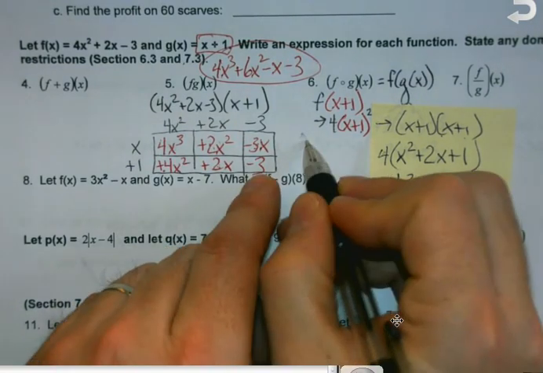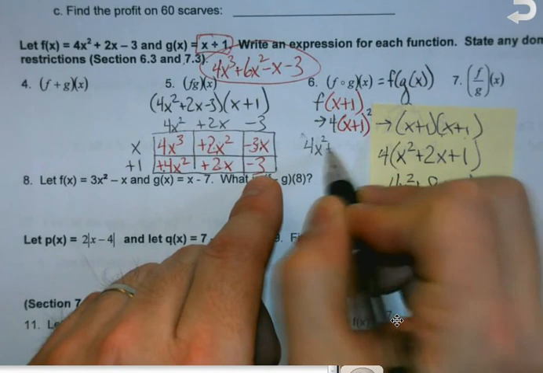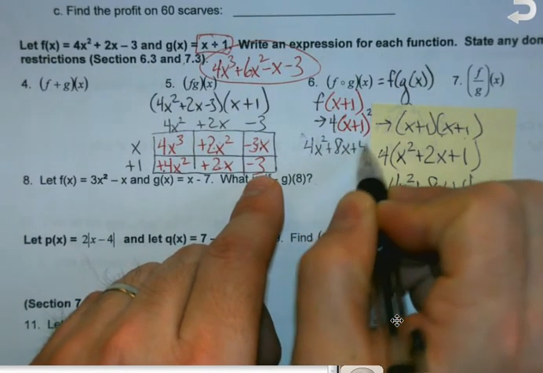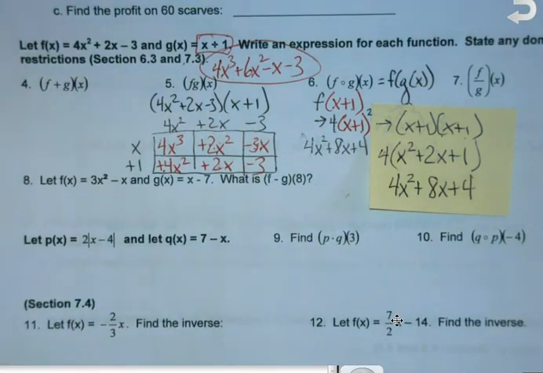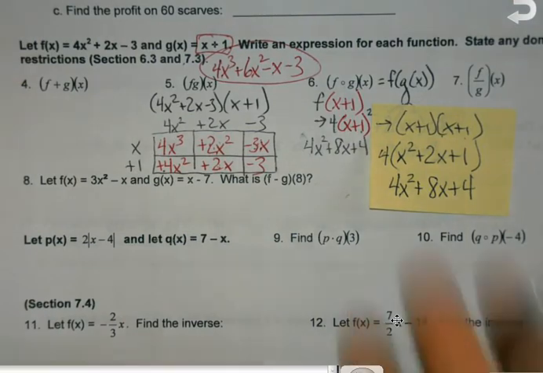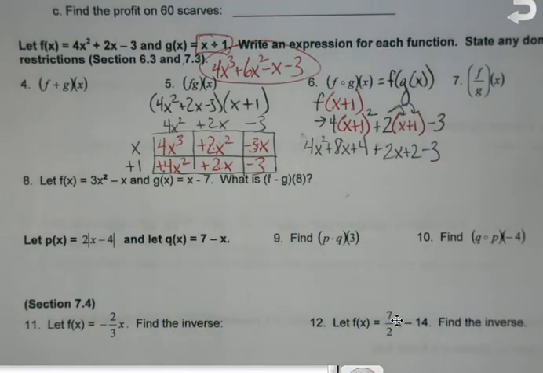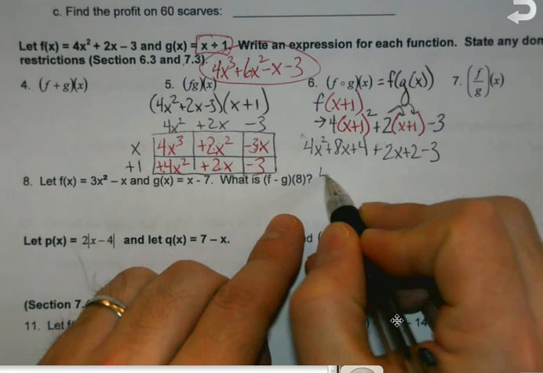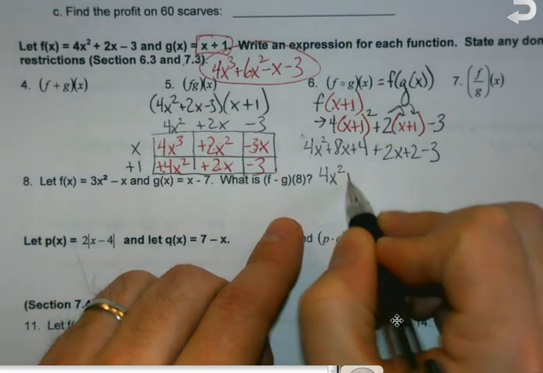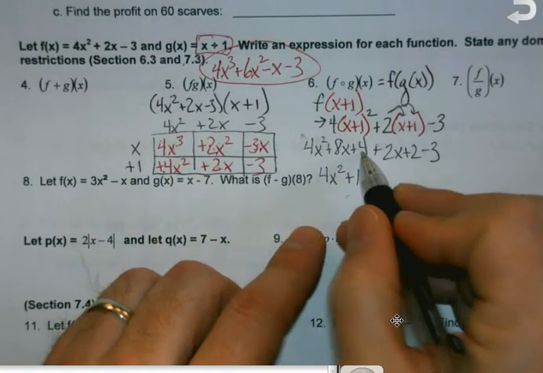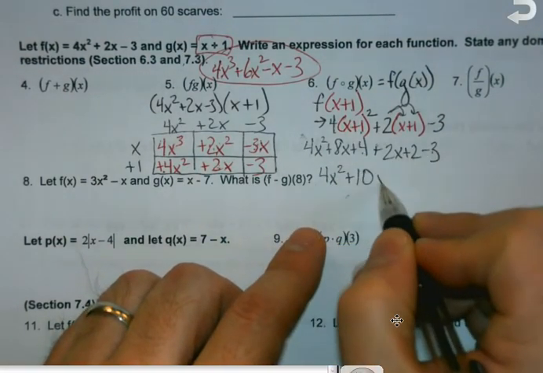This is the simplified version of my first term. And once I've multiplied that out and gotten rid of all of my parentheses, now I can go back and combine the like terms. 4 and 2 is 6 minus 3.